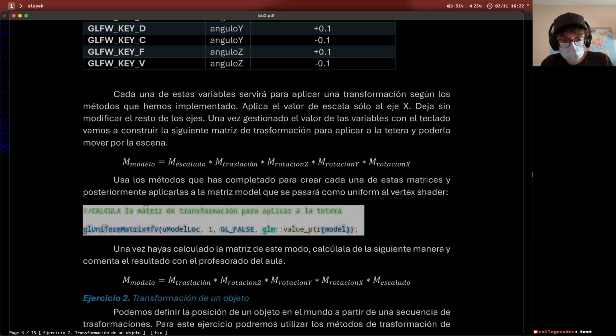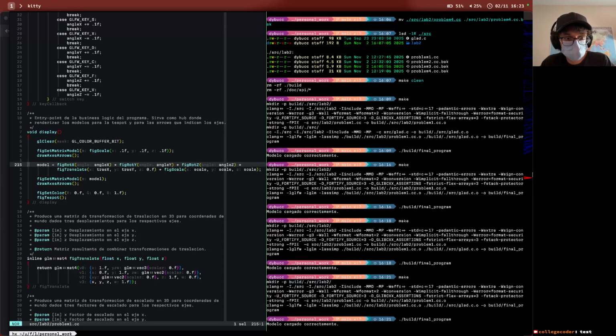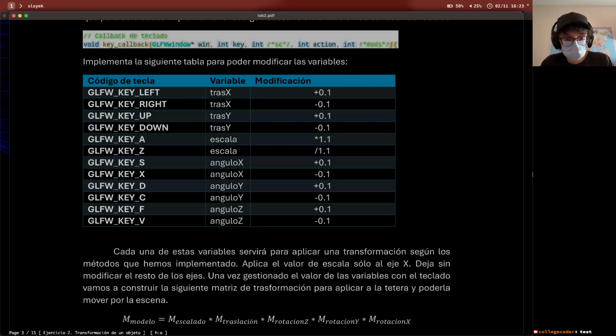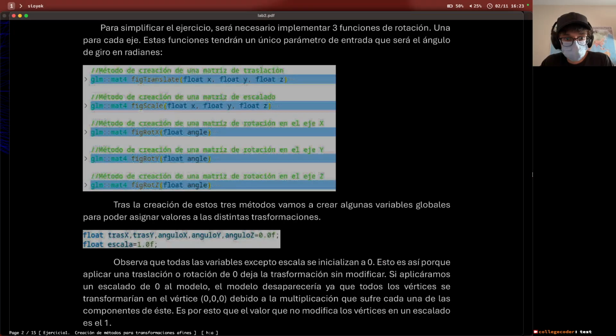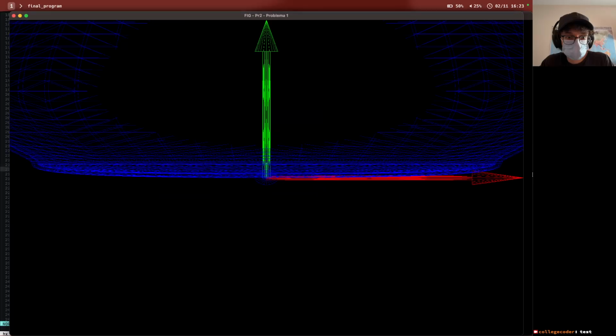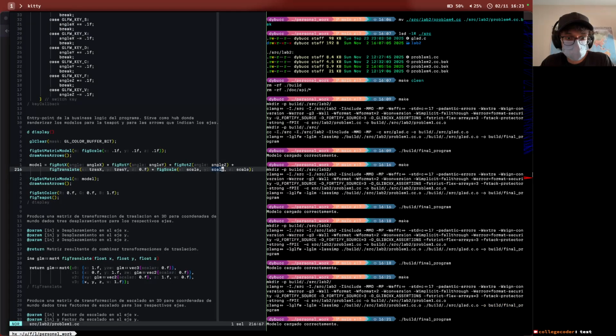Oh, it does say I'm only supposed to apply scaling to the x-axis. So I'm only supposed to apply this to the x-axis.